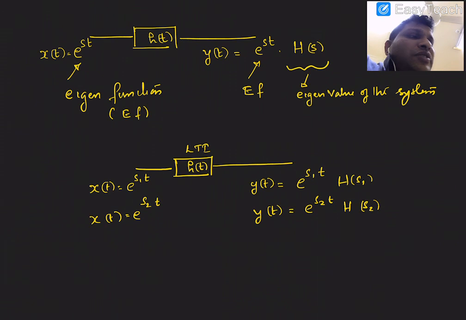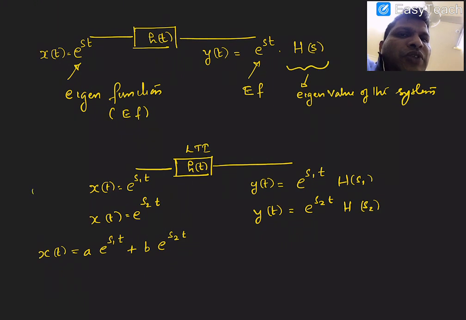Now since this is a linear system, let us give the input as a into e power s1t plus b into e power s2t. That means we are combining the above inputs as the new input. So this is case 1, this is case 2, and now we are discussing case 3, which is a combination of the others.